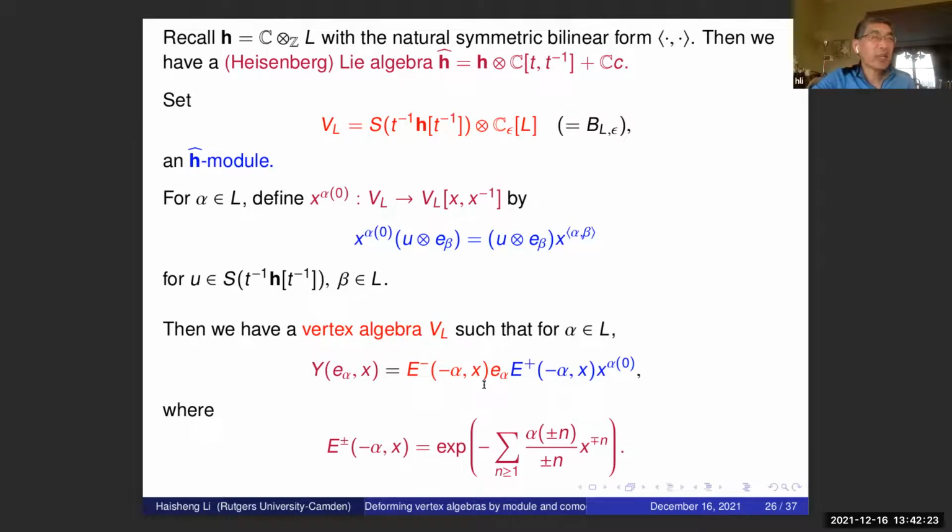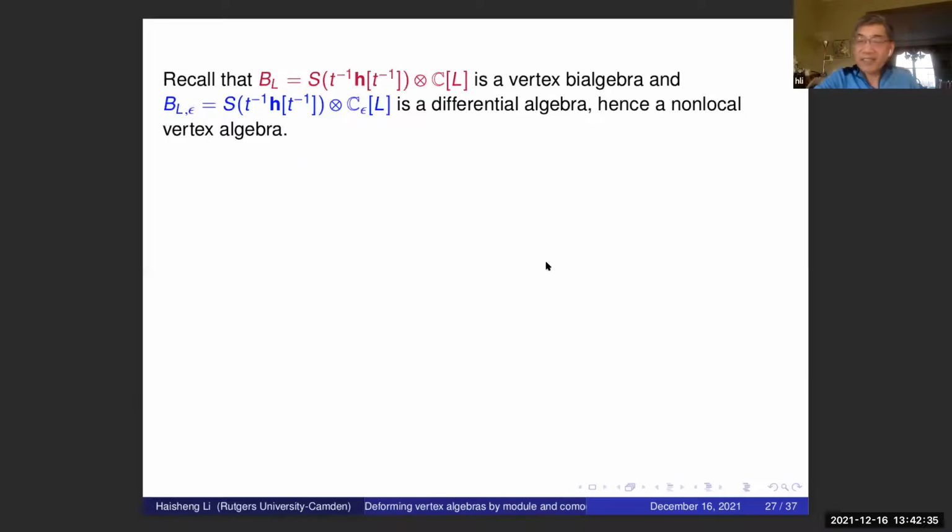So the red part is about the creation operator, and the blue part is about annihilation. So basically two parts for that. Then we can separate them to study this.